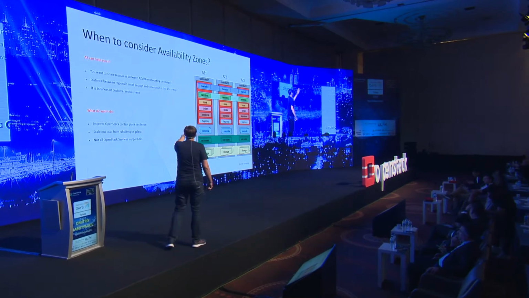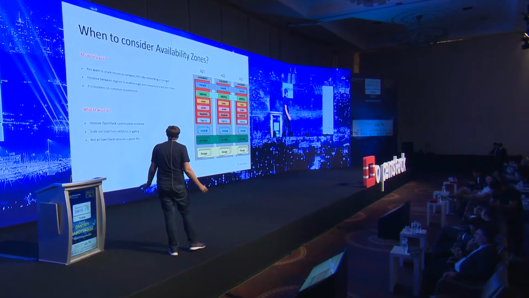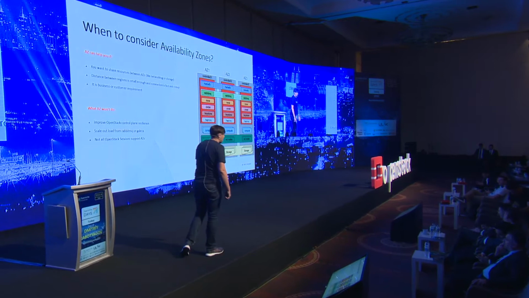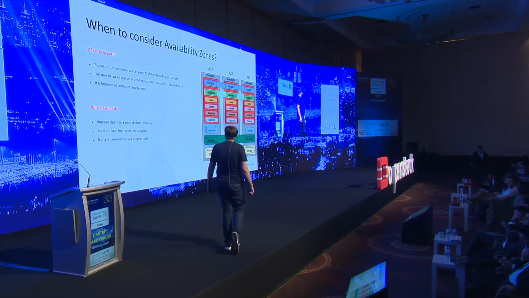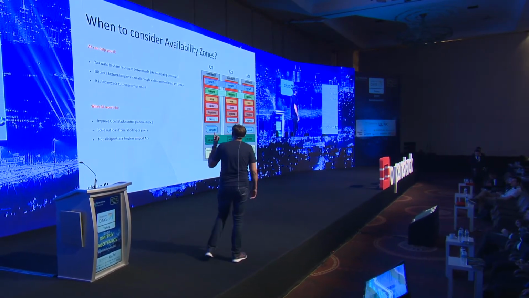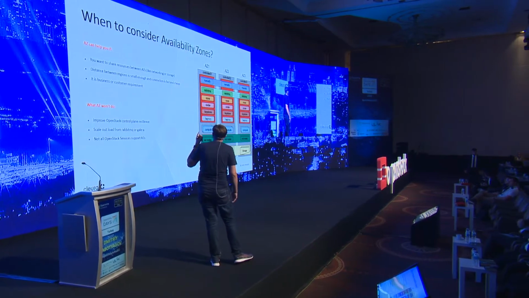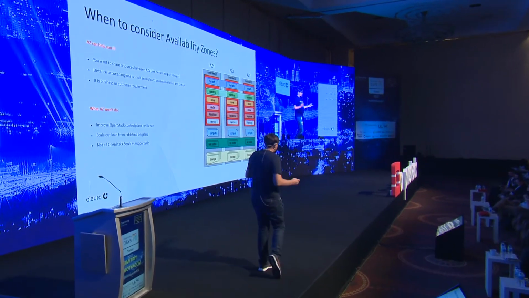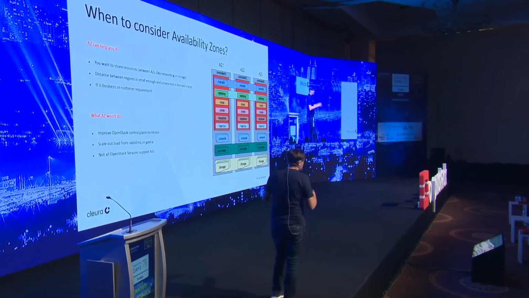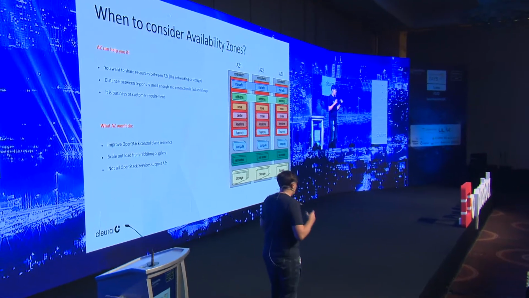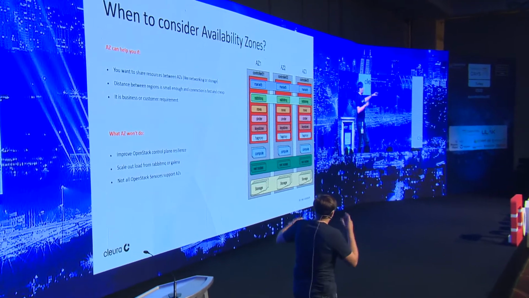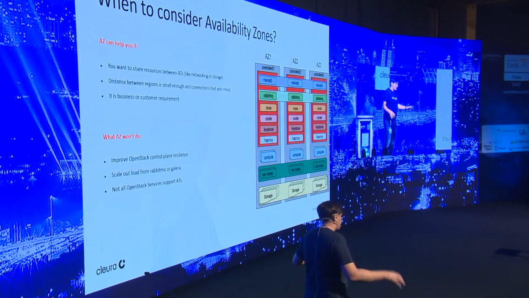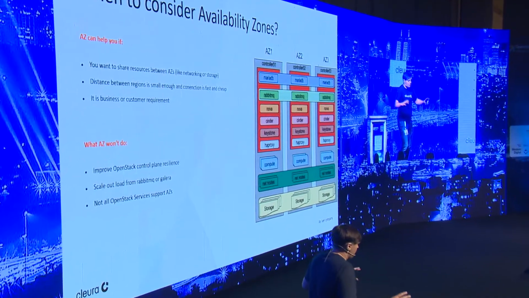So from this picture, we can already make some assumptions on where to use and where not to use availability zones. It can help you to share resources. So, for example, you want to create VMs on the same tenant network in AZ1, AZ2, and AZ3 and make them a cluster, and they all work nicely.